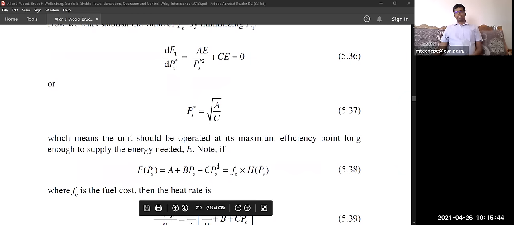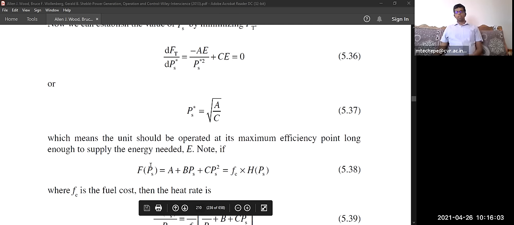Coming to the heat generated, here we have also taken it into account. The heat generated into fuel cost is nothing but the total fuel cost function.